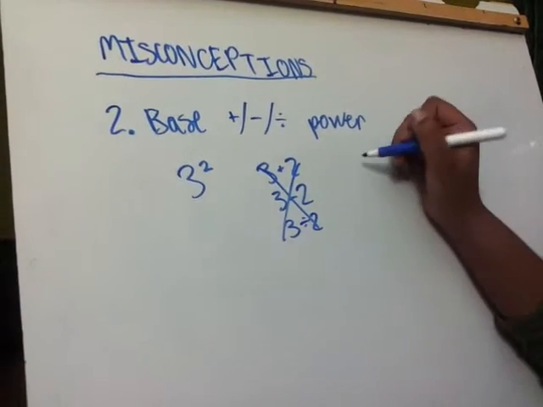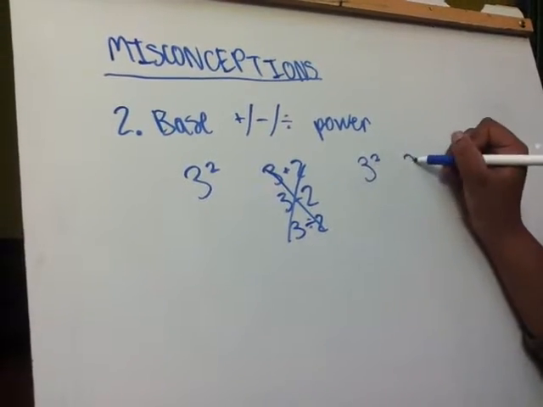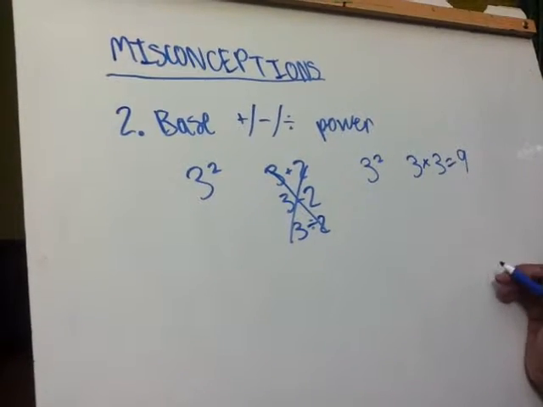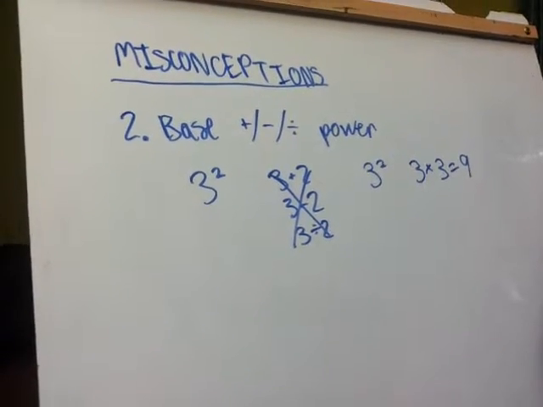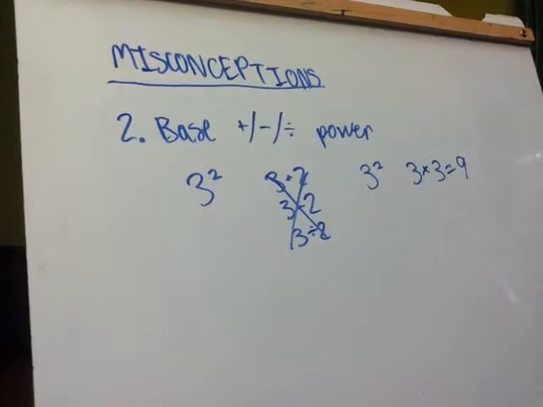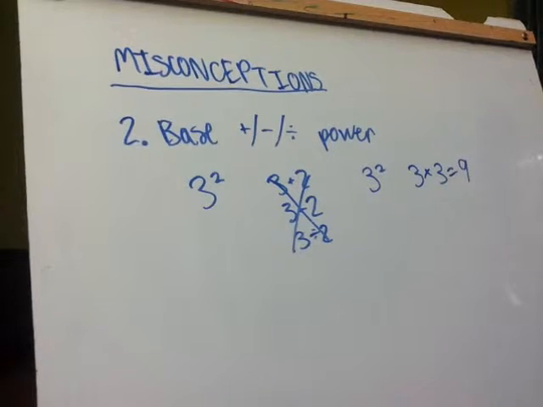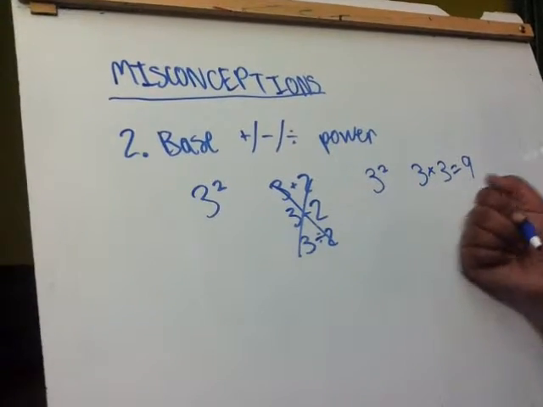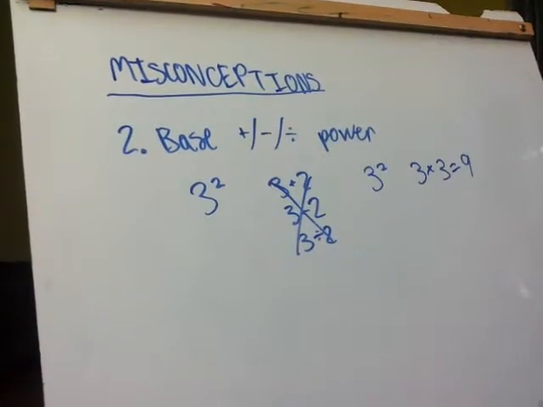Again, like I've said before, 3 squared would be 3 times 3 equals 9. Not 3 times 2 like before, or 3 divided by 2, or 3 minus 2, or 3 plus 2, or 2 plus 3, or the other way around. Those are all wrong. But this, however, is right: 3 times 3 equals 9 for 3 squared.